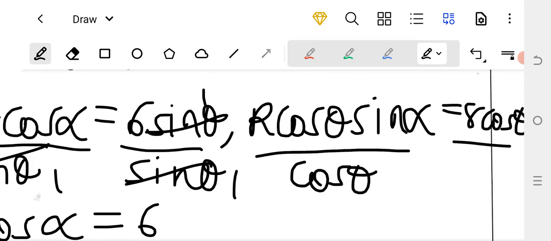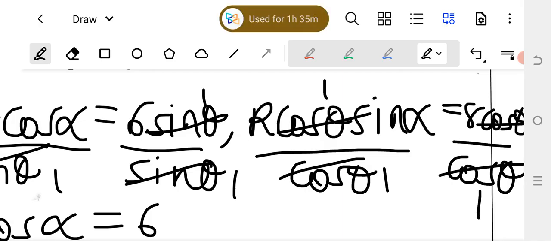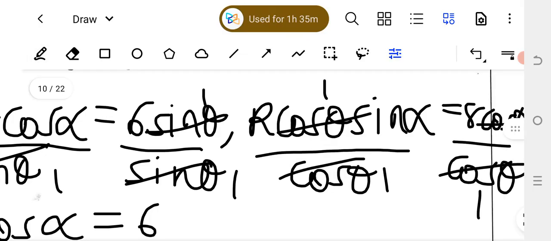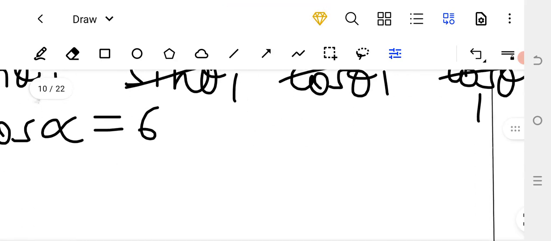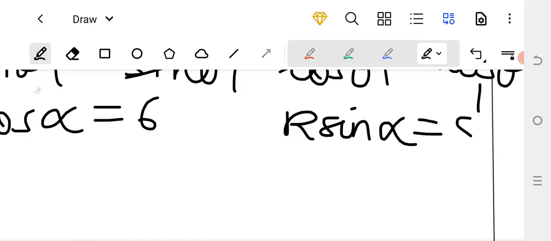Cos theta can go into itself 1, into cos theta it's a 1. So you are saying r sine alpha is equal to 8.